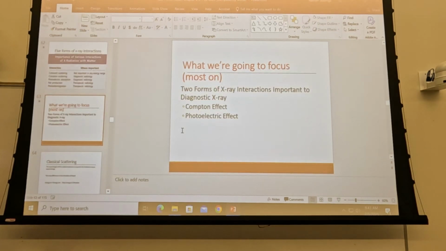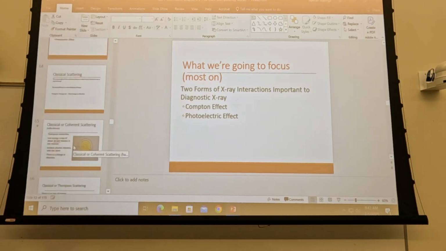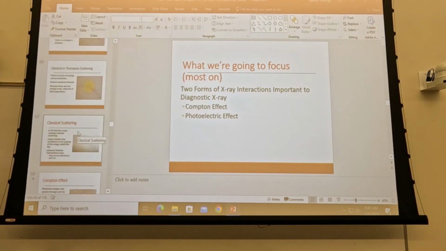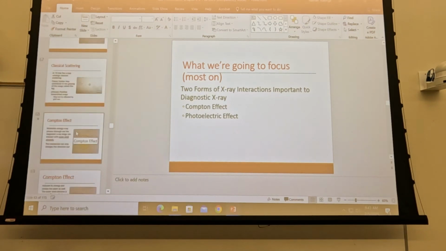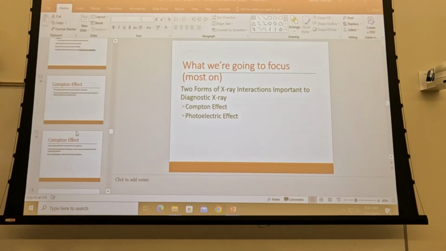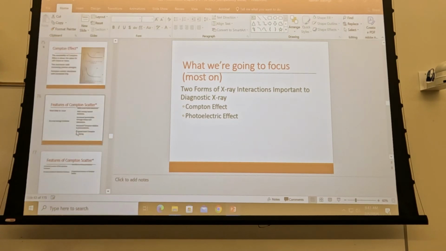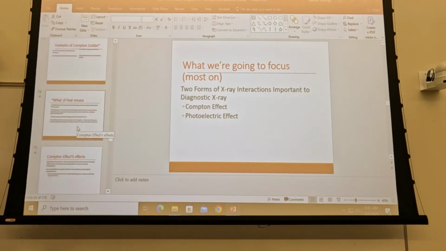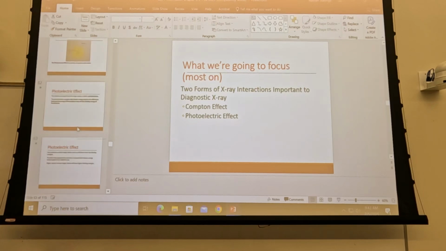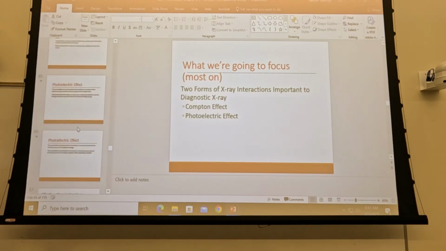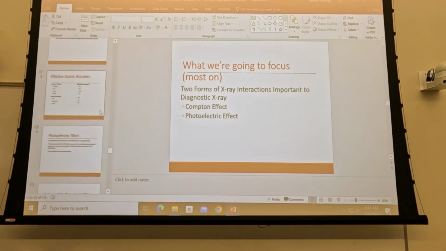Everything past this, I loaded into Canvas. I described the different types of interactions, and then towards the end of it, it just went on and on and on.